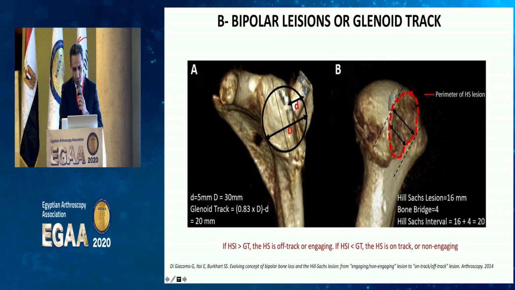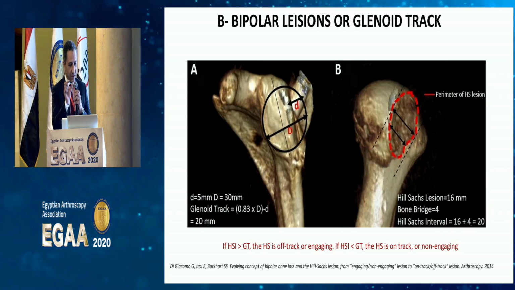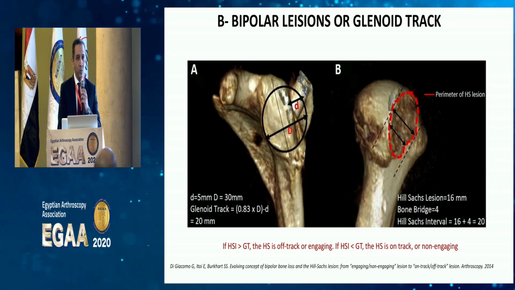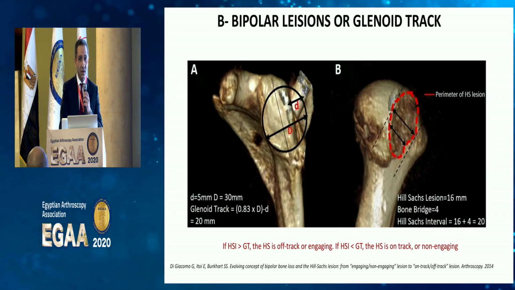The study by Di Giacomo changed the concept of engaging and non-engaging to on-track and off-track. This is how the glenoid track is measured. The equation is 0.83 times D, the diameter of the glenoid, minus the glenoid defect, and this is how we assess the glenoid track.